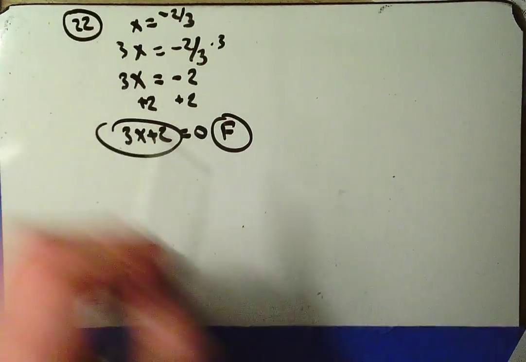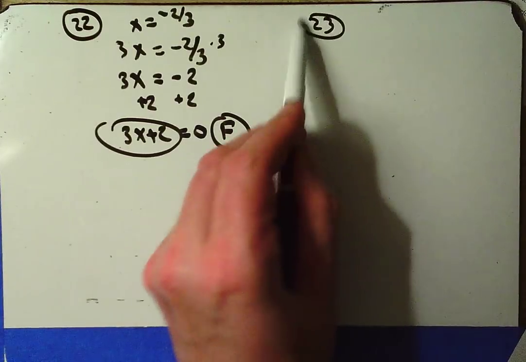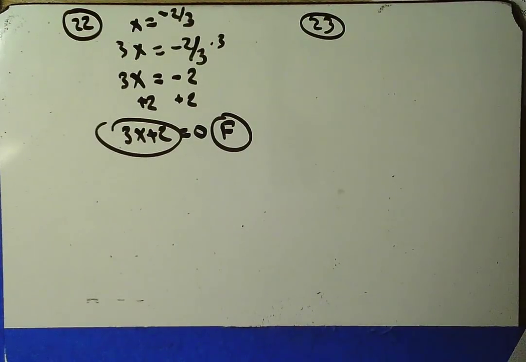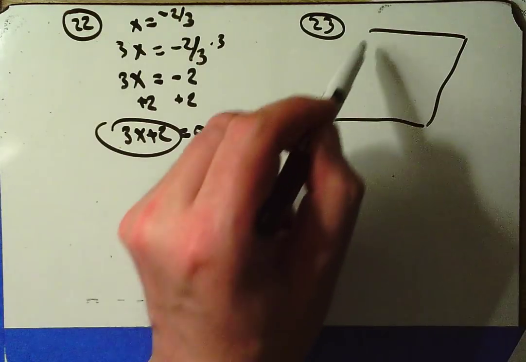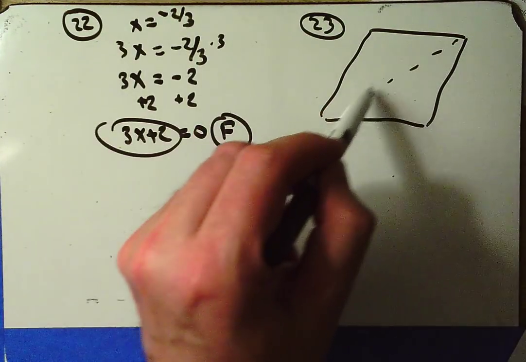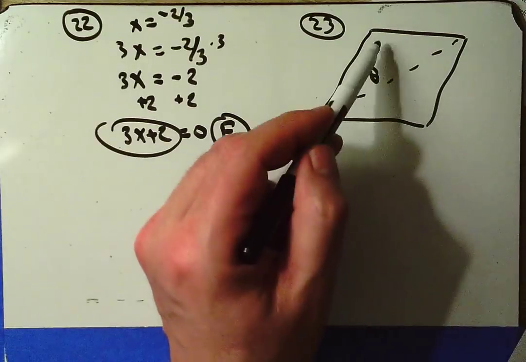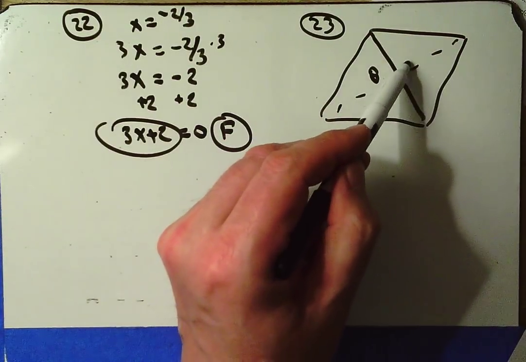There's 22. Let's take a look at 23. In the rhombus below, the diagonal AC is 6 and the diagonal BD is 8. So we know that this is 8, and we know that this is 6.